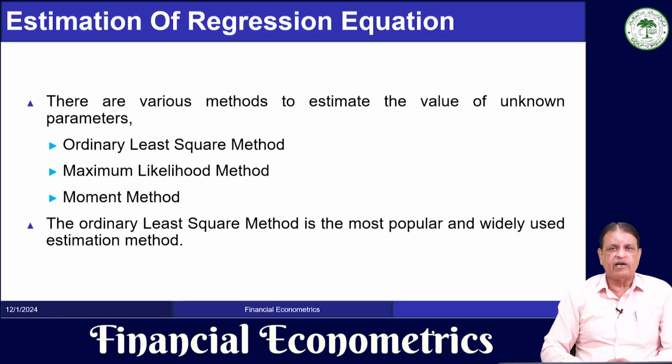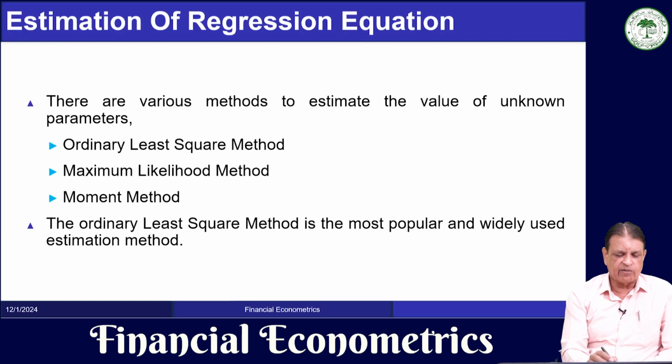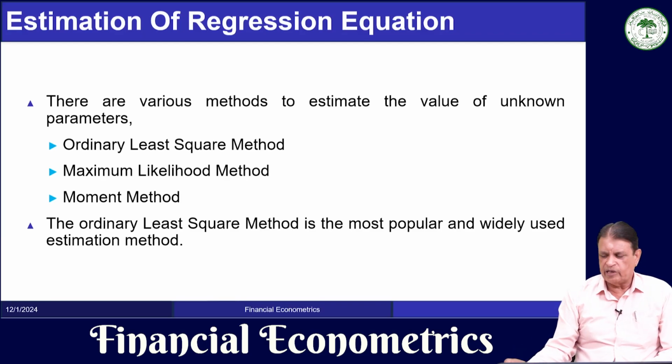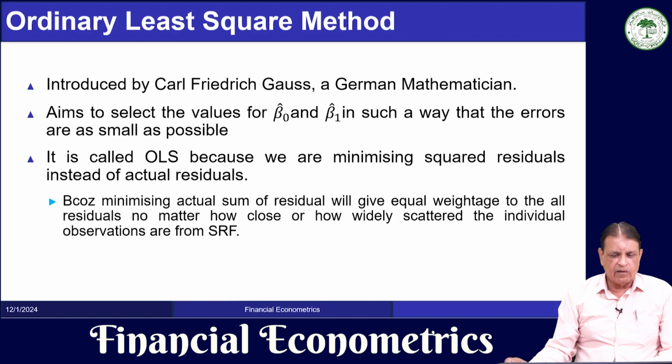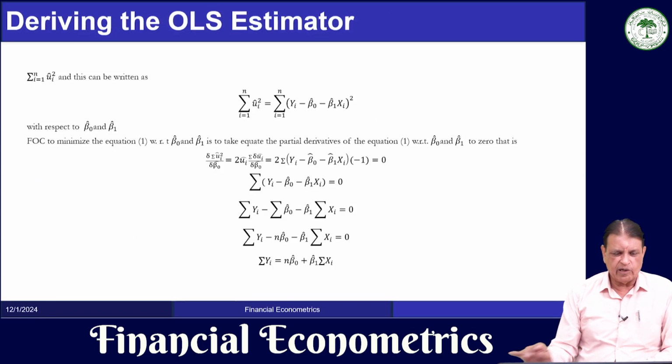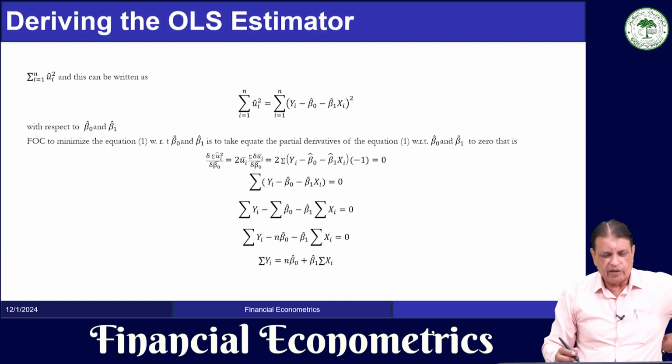There are a number of other methods as well to carry out the estimation. One is the maximum likelihood method, another is the moment method. Now, this least square method was introduced by a German mathematician, Friedrich Gauss, and we have already told you about this method.